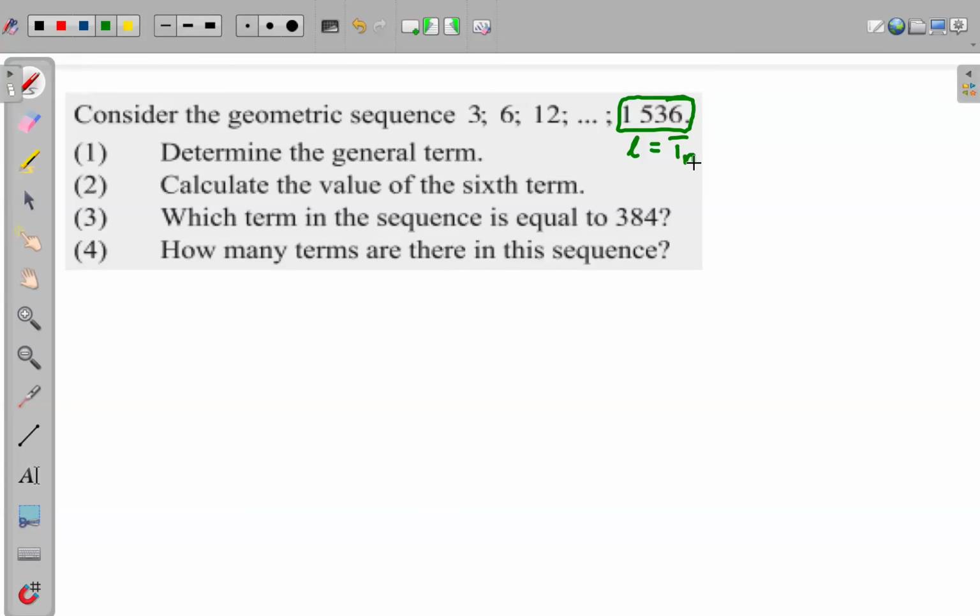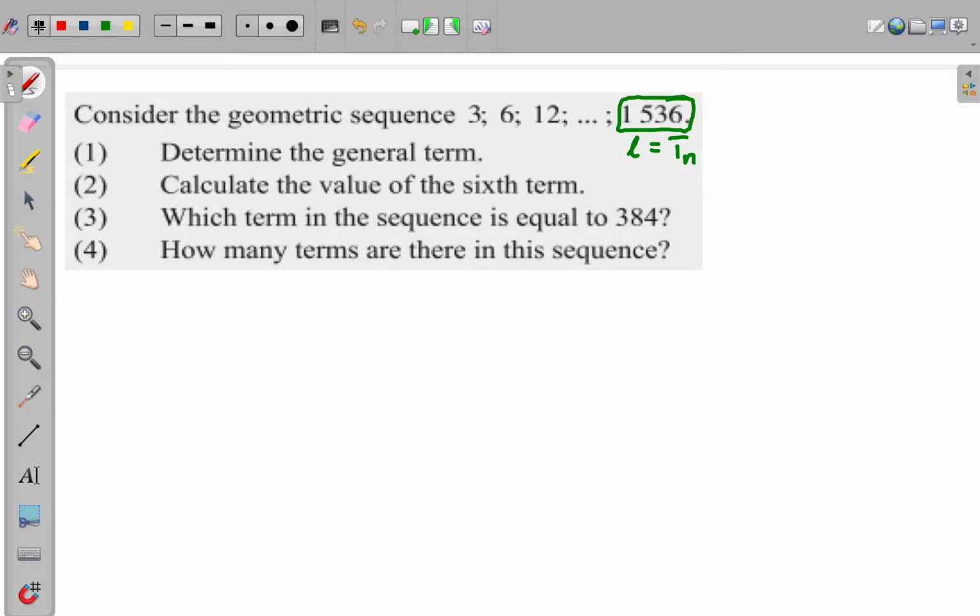So please, whenever you look at a sequence, or even a series, and you realize that the last term is actually given, you must know this principle, that the last term is equivalent to the general term. And we use that to help us find the total number of terms in the sequence.